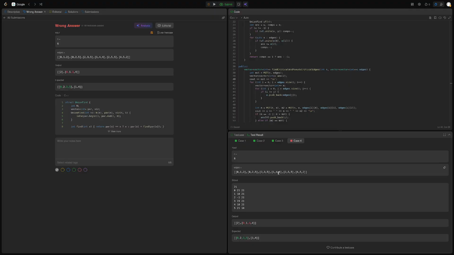Maybe 0, 1, 0, 2, 2, 3, 1, 4, 2, 5, 4, 5. So we have a cycle and this thing. So maybe, I mean, I guess I should be... I'm not sorting the edges. I'm so stupid.